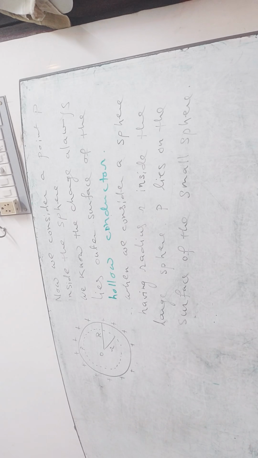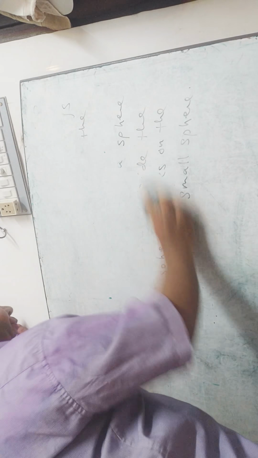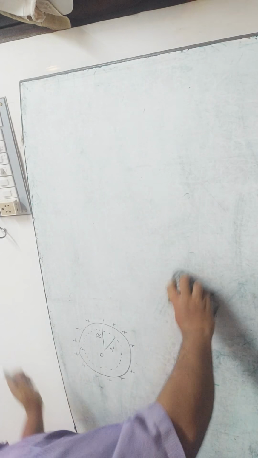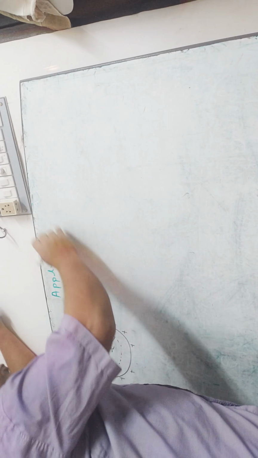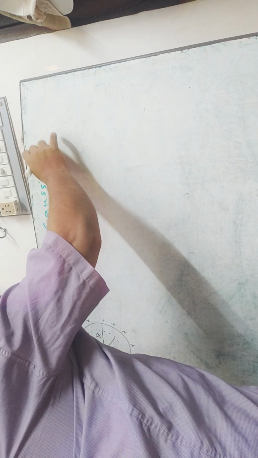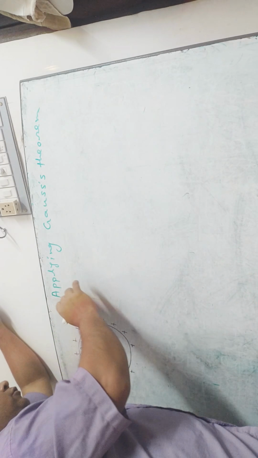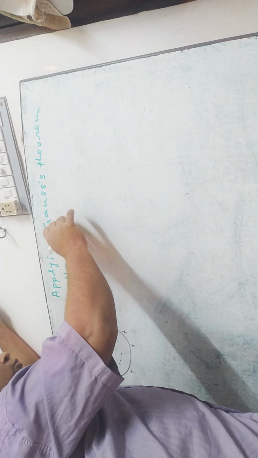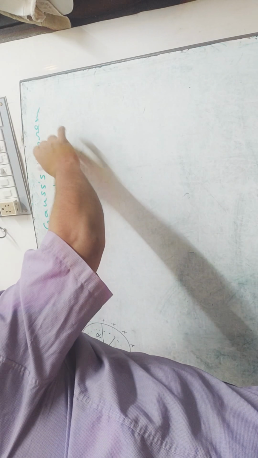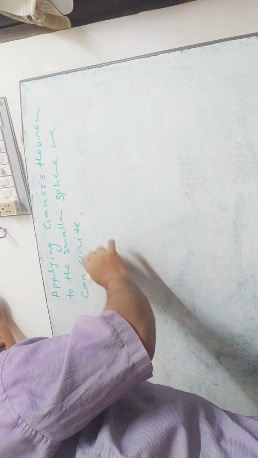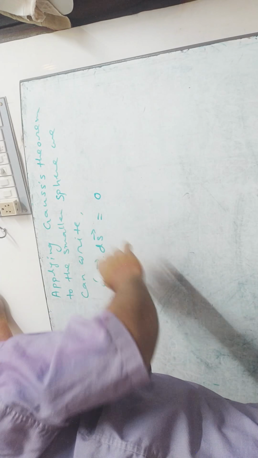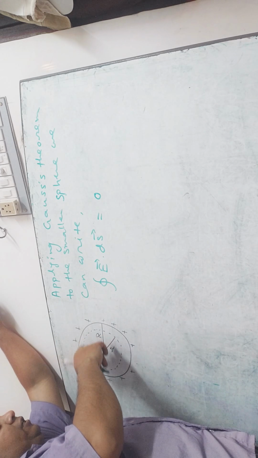Now, applying Gauss theorem to the smaller sphere, we can write closed integration of E dot ds is equal to 0, because in the Gaussian surface there is no charge.